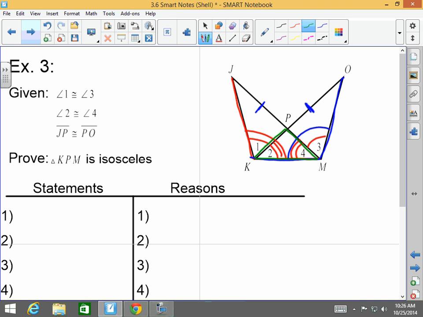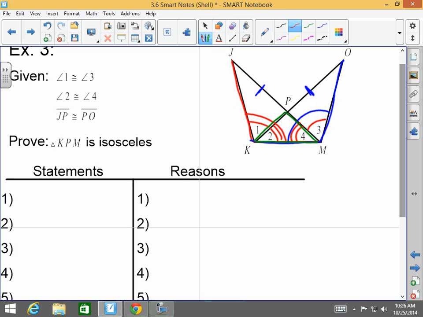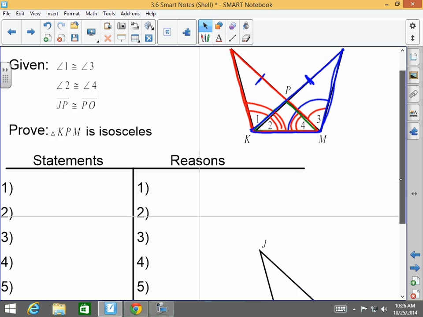Let's think about what we were given here, and let's see what we can pull out. I would pull out JKM, if you think about it, and I would also pull out here in blue triangle JMK. So I'm going to pull these guys out right here.